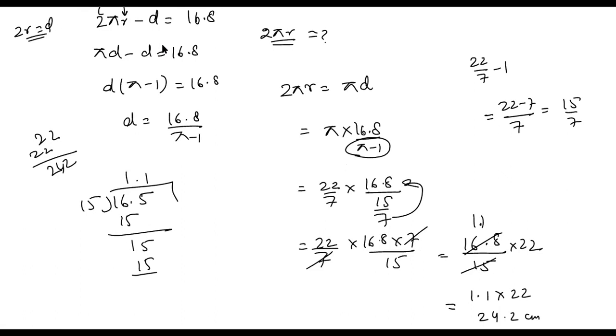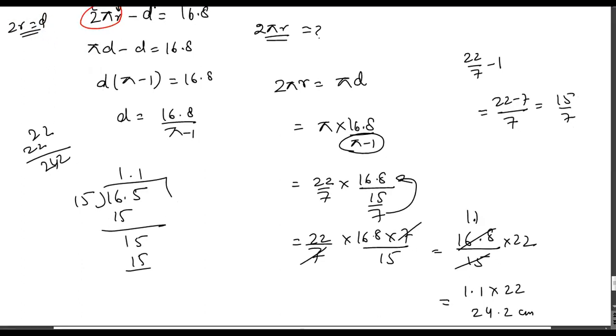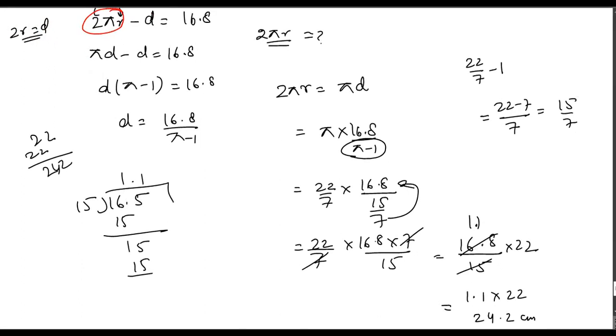Okay. So what we need to do here is that we have the pi. Actually, it is being given in the question. What is being given in the question? That the difference between the diameter and the circumference is actually 16.8.